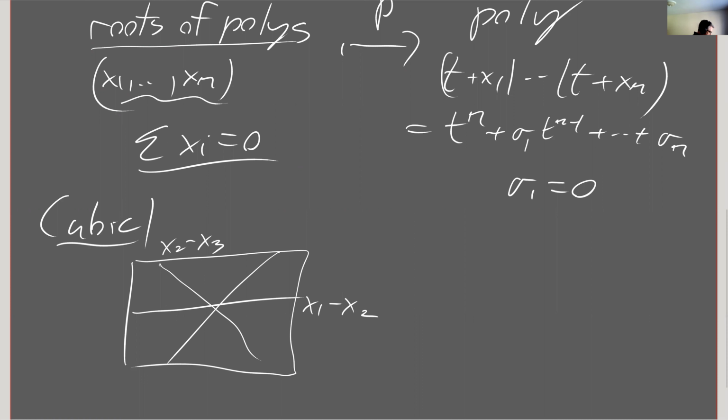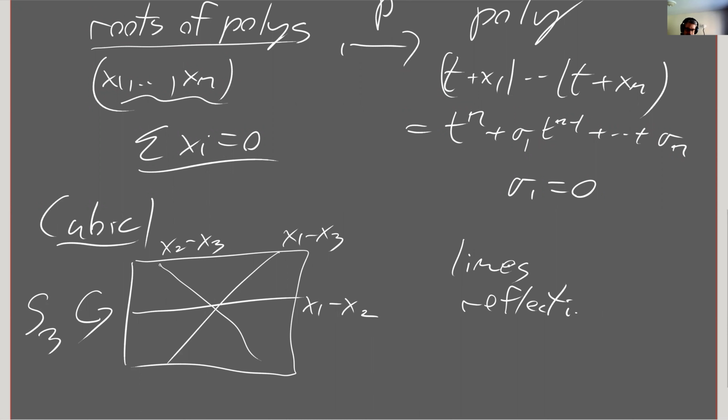Those are the two generators. And I'm drawing this other line here, x1 minus x3. We have an S3 action on this. And these lines that I've drawn here are the reflection hyperplanes.